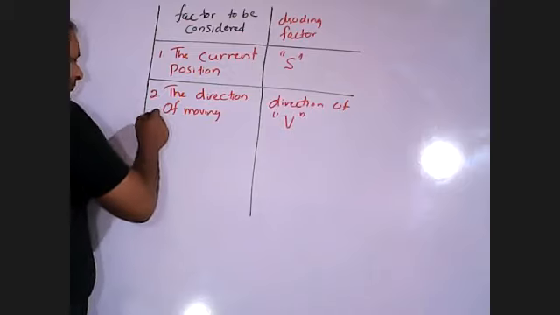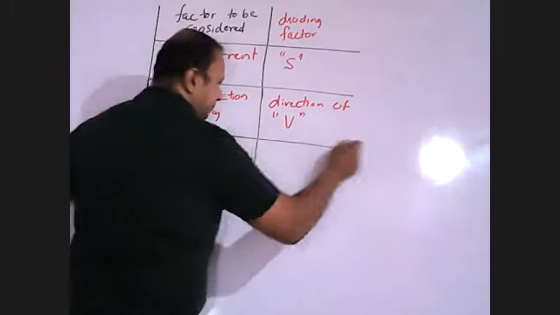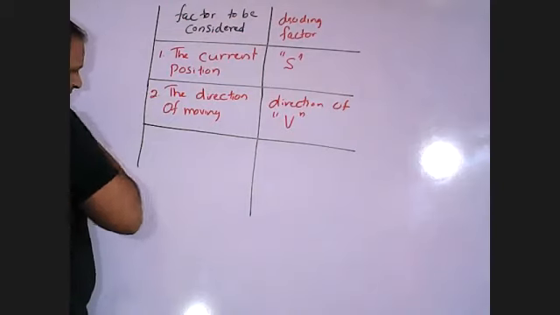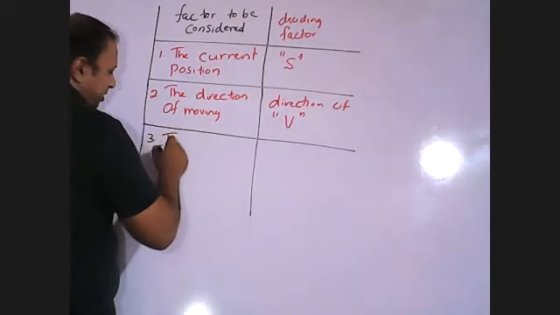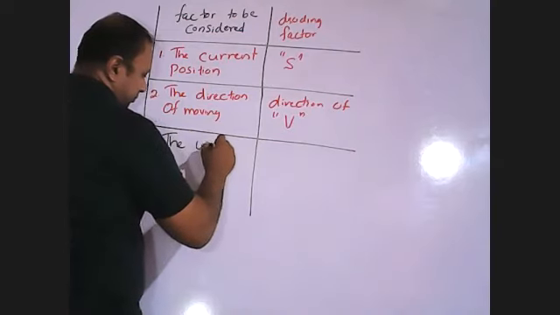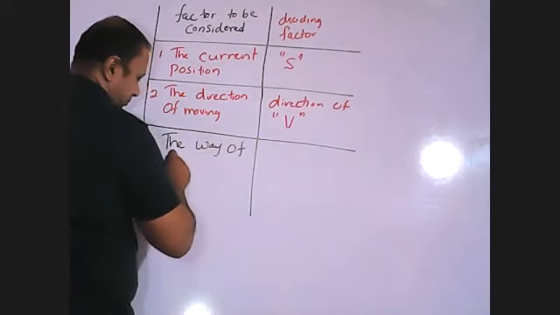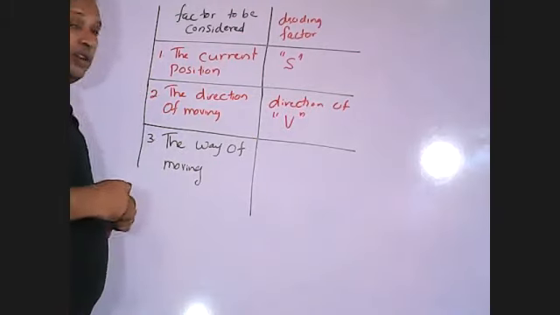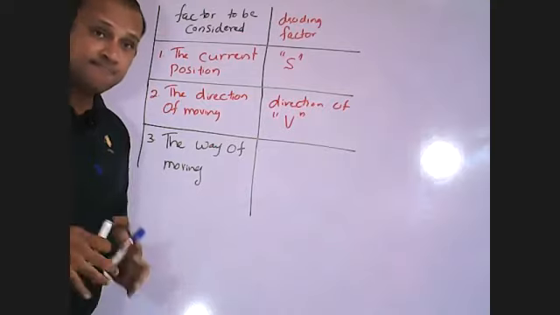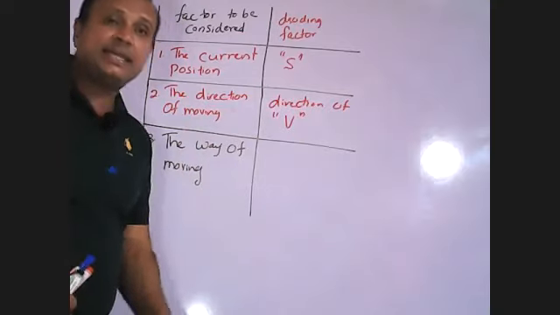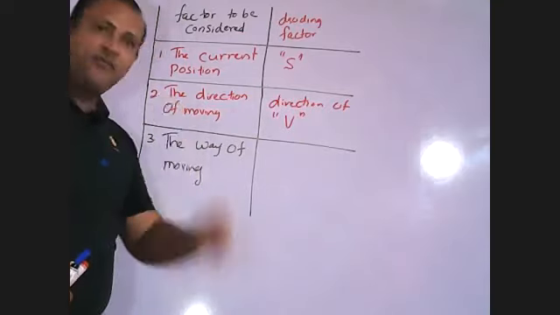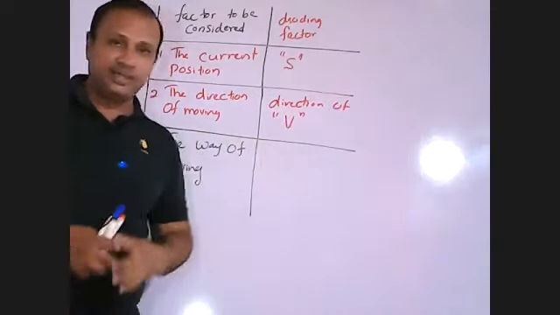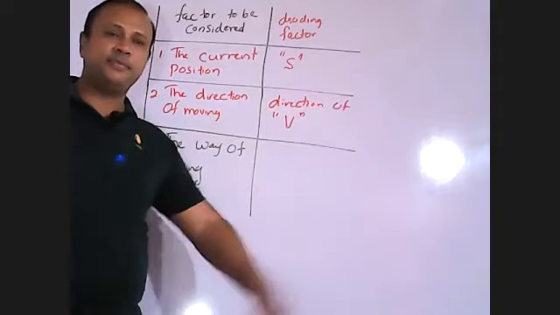The third one is the way of moving. So what is the deciding factor of the way of moving? It is the acceleration of the object. If it has an acceleration, its velocity will increase with time.